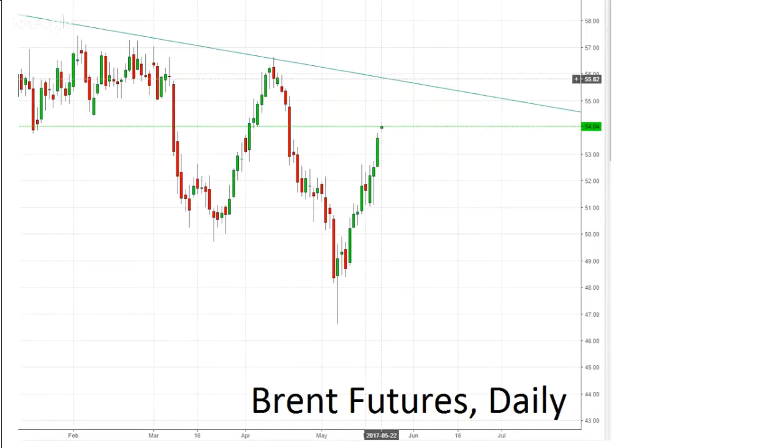And the fact that oil will soon reach an important resistance line will likely be a trigger of some decline here after the OPEC meeting. So I would suggest that if you are trading oil, you would take profits on Thursday or before Thursday in this resistance area of 55.80 for Brent.